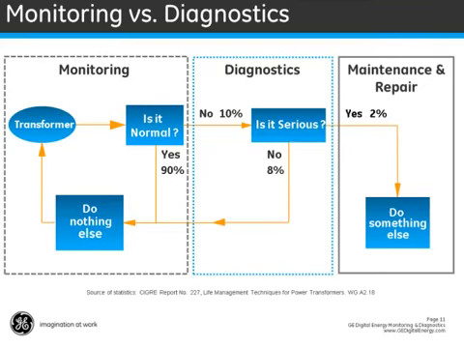Offline test does not come without its disadvantages. For starters, offline tests do not come without cost. They do take up time and tie up workers. And depending on the type of tests that need to be carried out, the transformer may be required to be taken out of service.